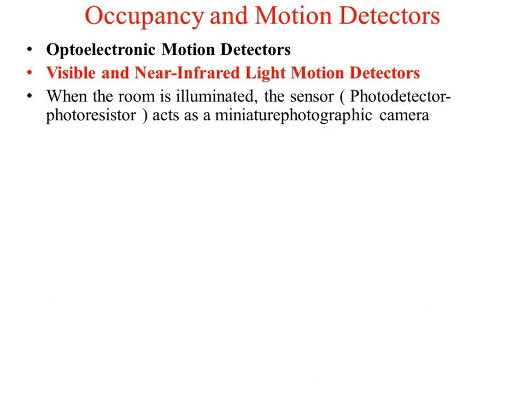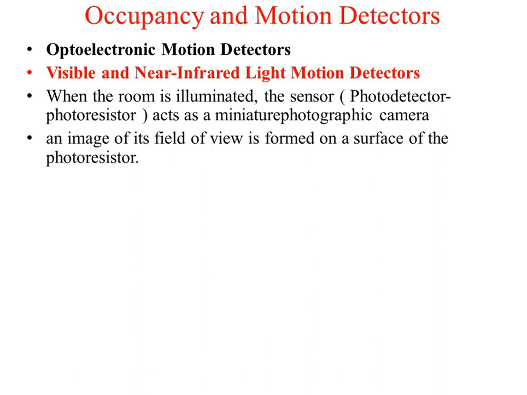When the room is illuminated, the sensor acts as a miniature photographic camera. The sensor may be a photo detector, or it may be a photoresistor type of device. It acts as a miniature photographic camera, but the film is not there. Instead of film, the photo detector or photoresistive material is there.